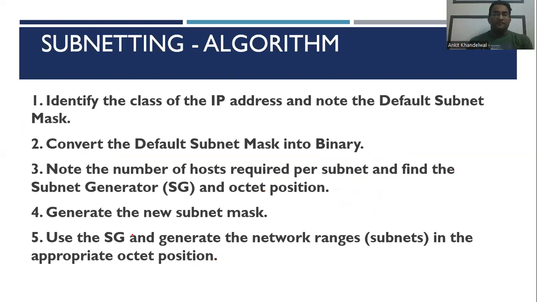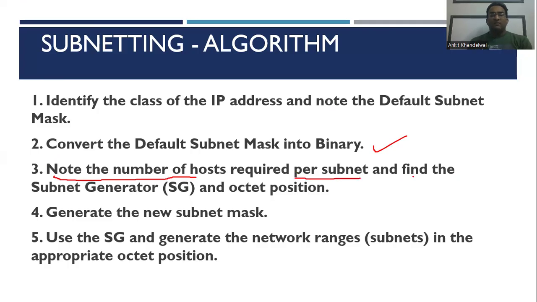Okay, so the subnetting algorithm now. First of all, you have to identify the class of an IP address and note the default subnet mask. Then we will convert that default subnet mask into binary. This is step number 2. After step number 2, we have to note down the number of hosts required per subnet, right?